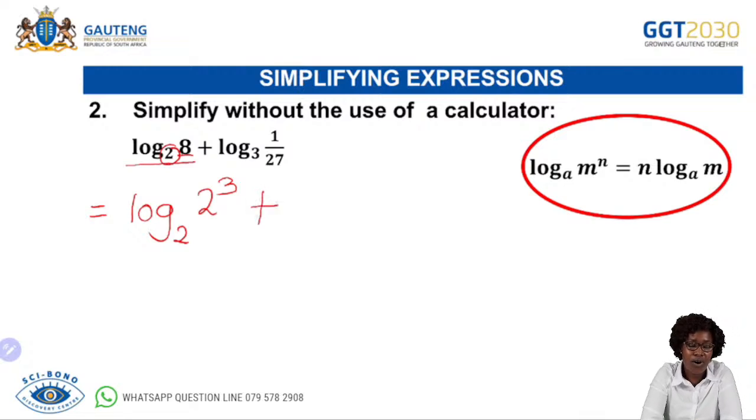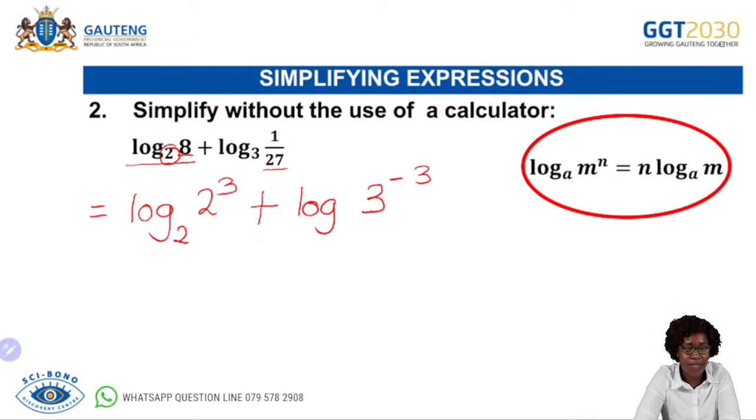Then I move on to the next part. I'm adding the log of 1 over 27 to base 3. Again, let me change the 1 over 27 to an exponent. This becomes log of, I'm sure most of us are already giving the answer as 3 raised to the power of negative 3. For those of us who are not able to follow, remember we said that when we are working with exponents, if I have a fraction with numerator 1, I can change that fraction to an exponent which is negative.